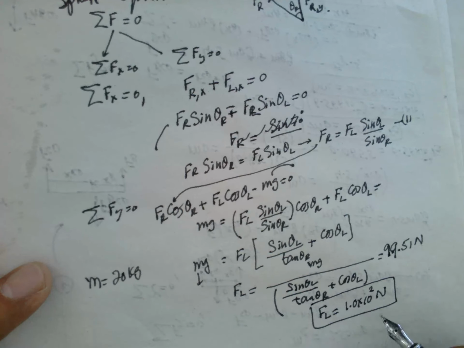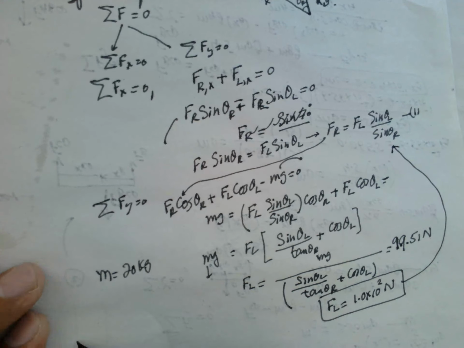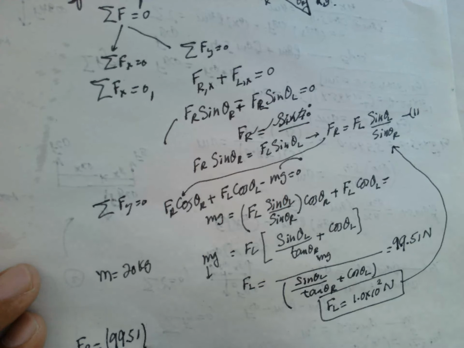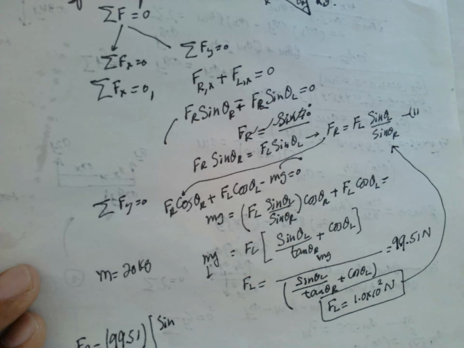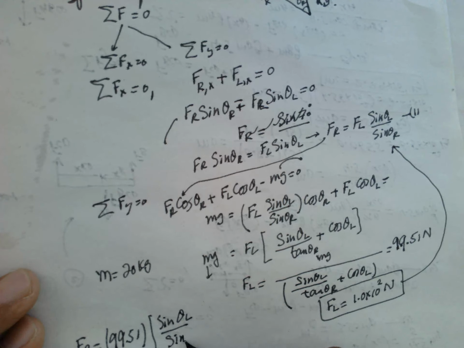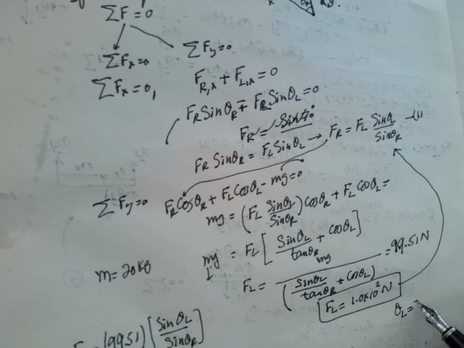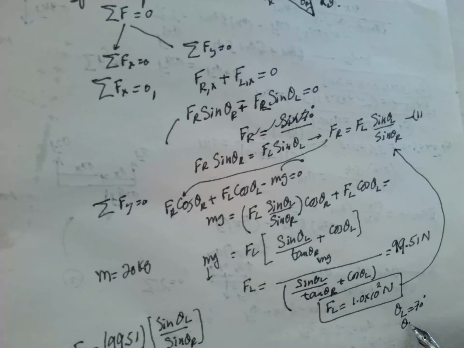If we substitute this value into equation 1, then F_R is equal to 99.51 times sine of theta L over sine of theta R, where theta L is 70 degrees and theta R is 30 degrees.